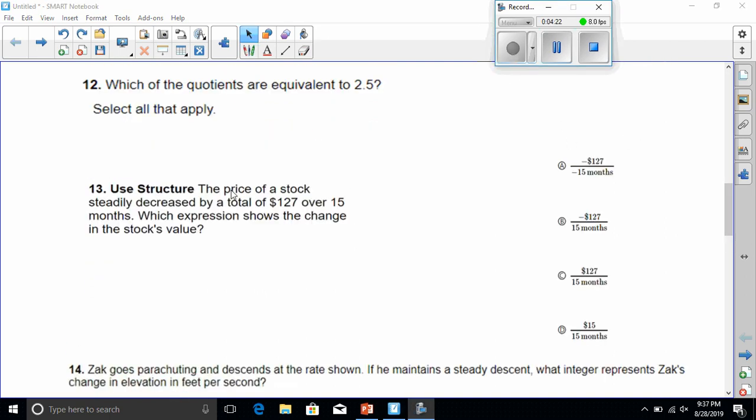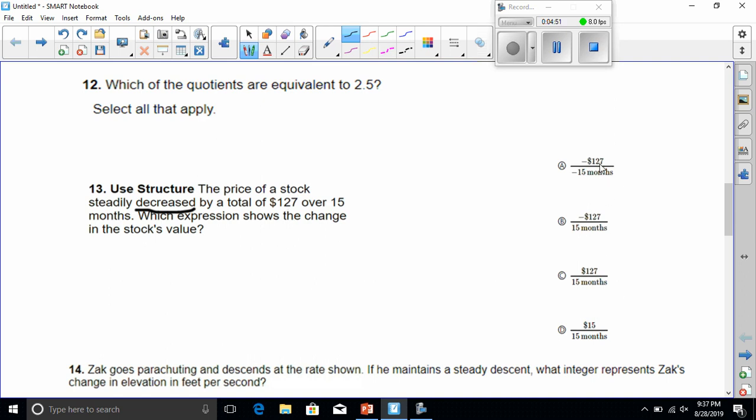Number 13 says the price of a stock steadily decreases by a total of 127 over 15 months. Which expression shows the change in the stock's value? The key word here is decreased. If it decreased by 127, that's a negative 127.